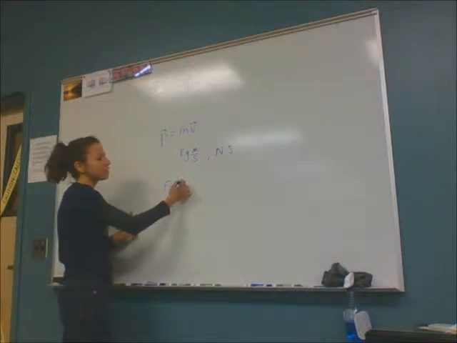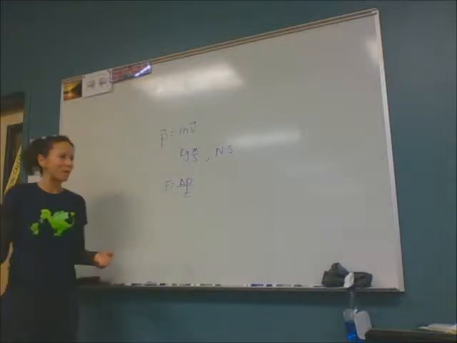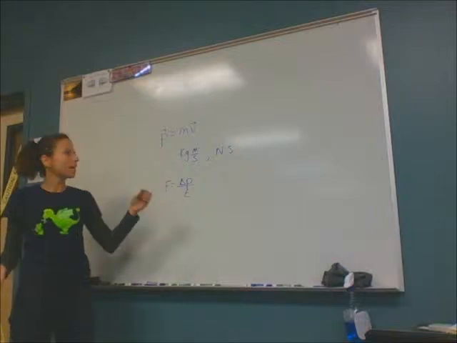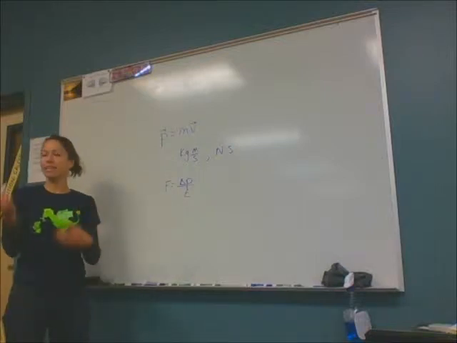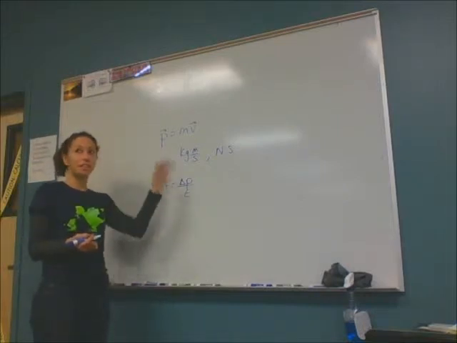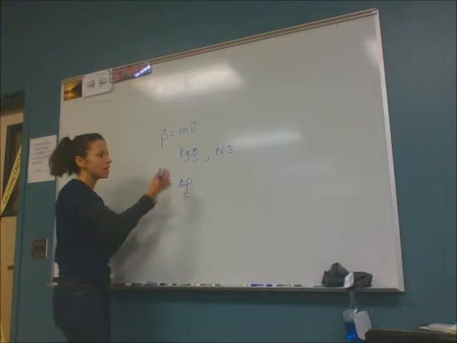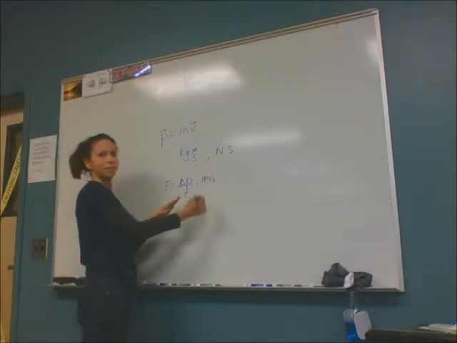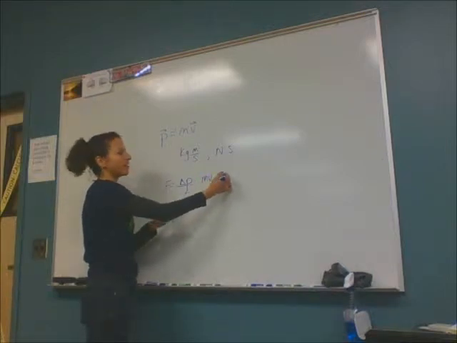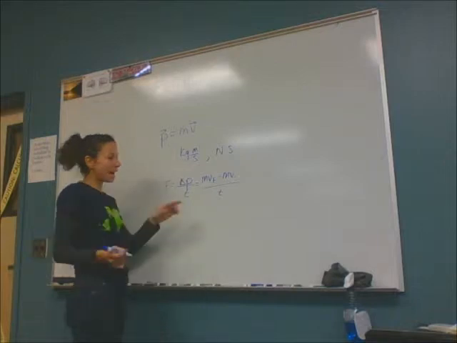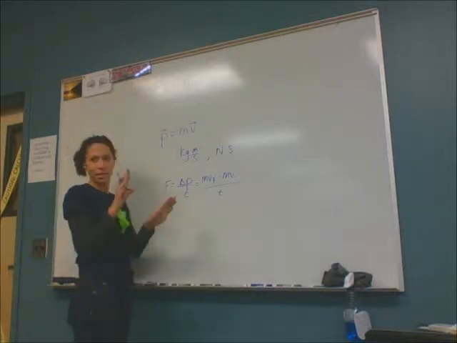Because change in momentum is final momentum minus initial momentum. Anytime we have a delta of any quantity, it's always going to be the final of that quantity minus initial, right? So final momentum is m v final, and initial momentum is m v initial. If I were to, I know this is crazy, factor out an m here, I would get m times v final minus v initial over time, which is m a, net force.